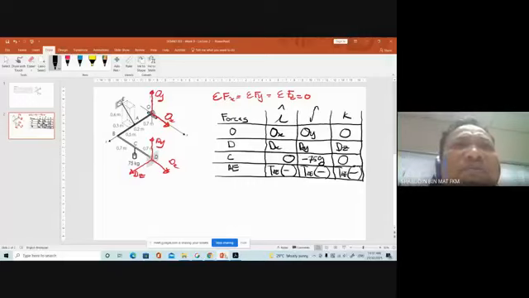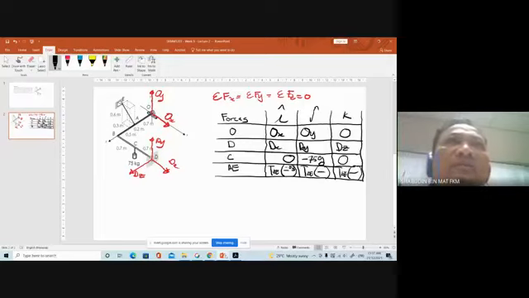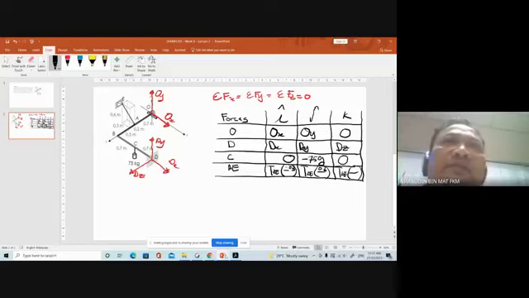Dx is going to be negative 0.3. Dy is going to be 0.6. Dz is going to be 0.2.